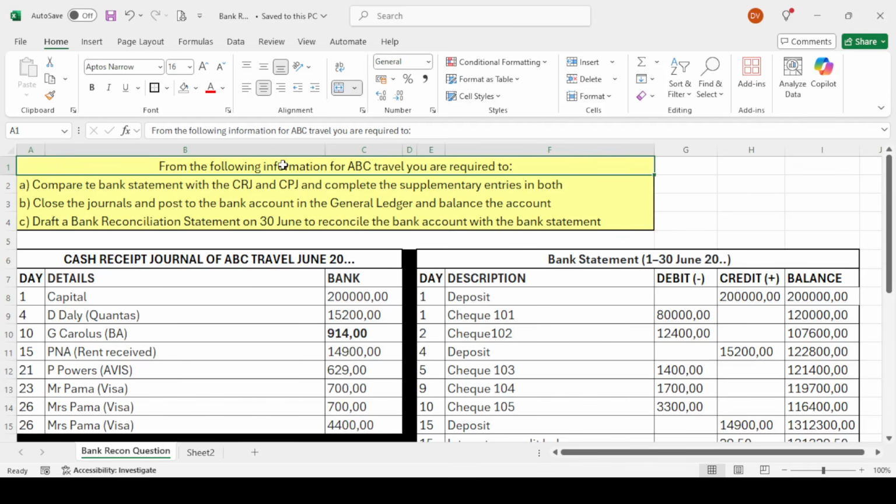Sometimes transactions will appear on the bank statement, but not on the journal. So this could be things like bank charges, interest maybe that you've received or that you've had to pay, debit orders, things like that. And then sometimes transactions will appear on the journals, but not on the bank statement. This could be maybe because of corrections of errors.